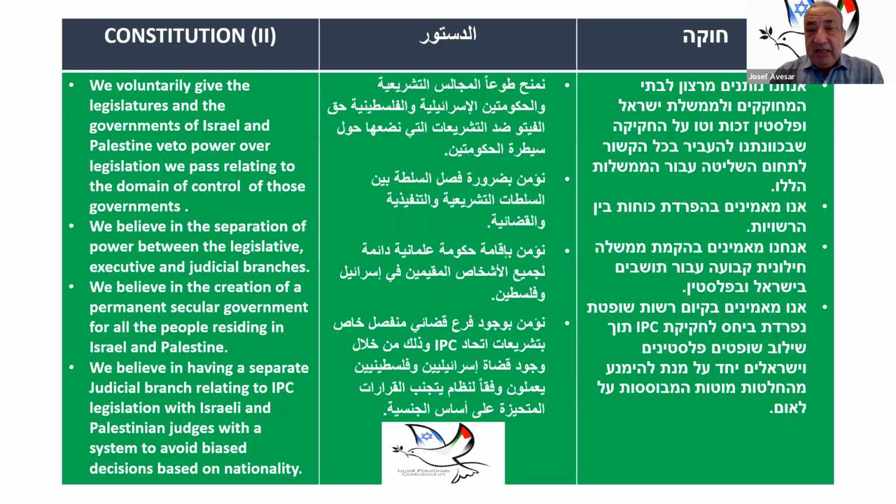What we are saying is we are accepting the Israeli government and the Palestinian government because they exist. We do not think that it is possible or desirable to dismantle those governments, because people would not join if they feel that we intend to dismantle the Israeli or the Palestinian government.